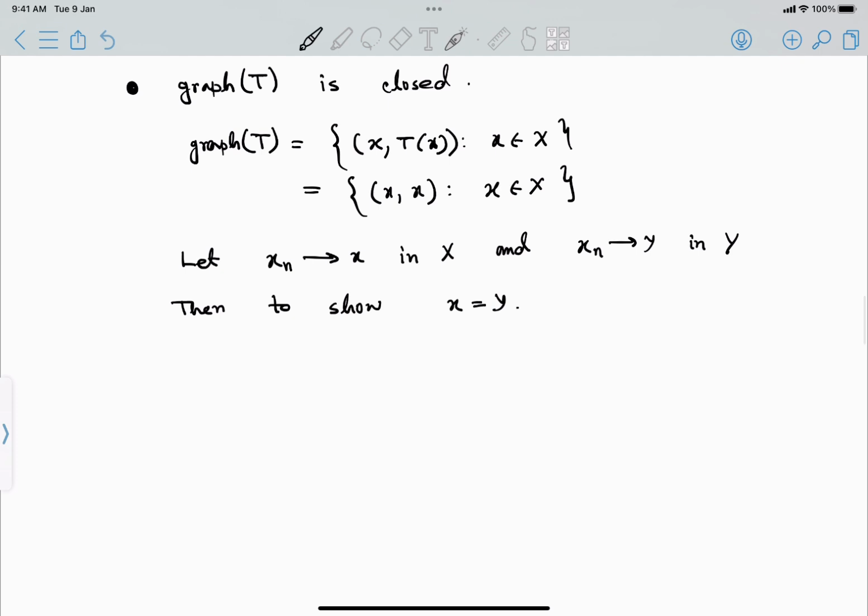And xn converges to x means xn converges to x in L1 norm. So as xn converges to x in X implies xn converges to x in L1 norm.